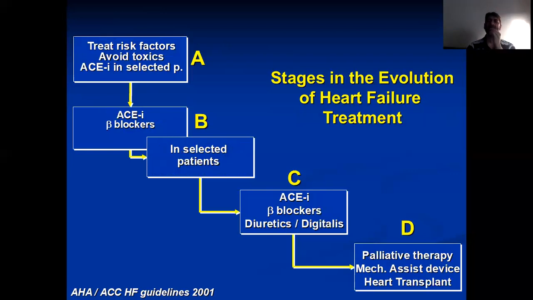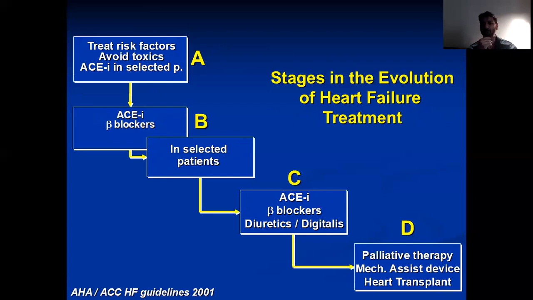And these are the management strategies at different stages of heart failure. Stage A, treat risk factors, avoid toxins, ACE inhibitor in selected patients. Stage B, ACE inhibitor, beta blocker. Stage C, ACE inhibitor, beta blocker, diuretic, digoxin. And now you have additional management strategies as well, which I'll discuss at the end.